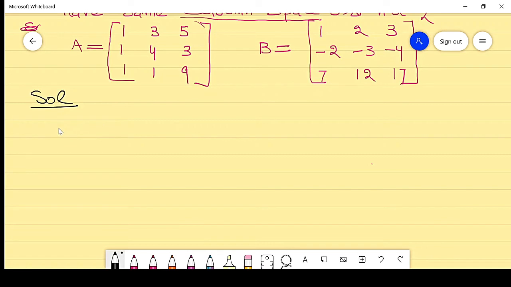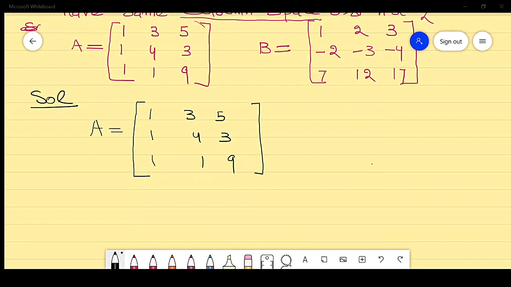So first, this is a matrix A. So just understand what is row space. So reduce this matrix into row reduced echelon form. So this is 1, 3, 5, 1, 4, 3, 1, 1 and 9.